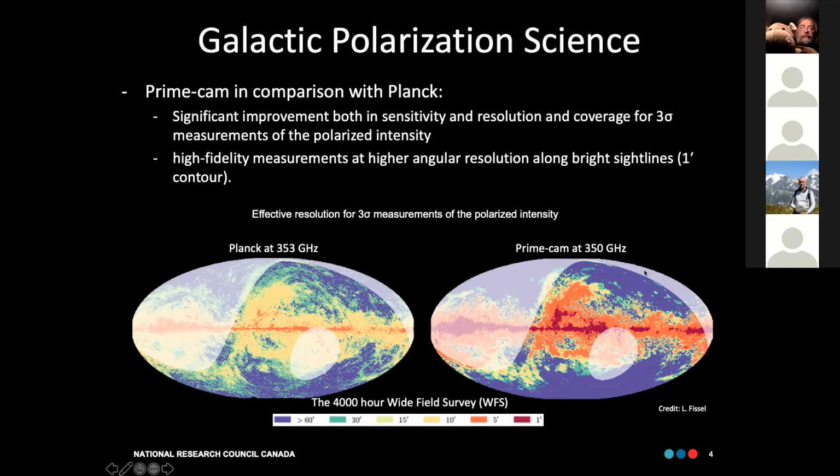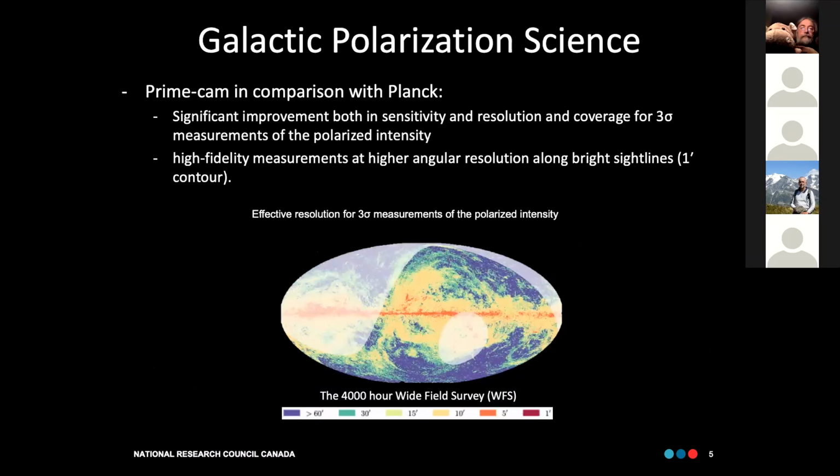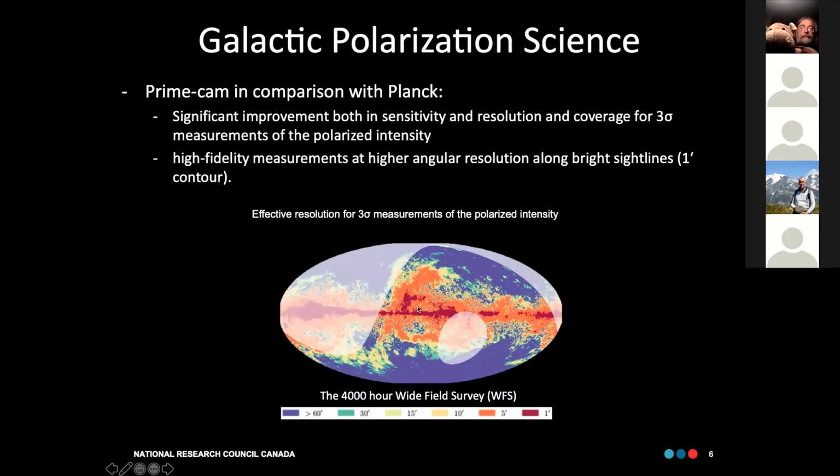As shown with the effective resolution contours, Planck at best for 3 sigma polarized intensity had 5 arc-minute resolution, and PrimeCam with the 5 arc-minute will cover almost 1/3 of the sky, a much bigger area compared to Planck. If I show these two on top of each other, you can see the improvement for regions that are not too far off in high latitude regions.